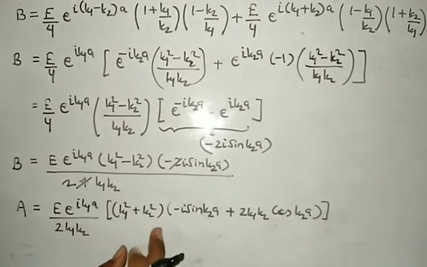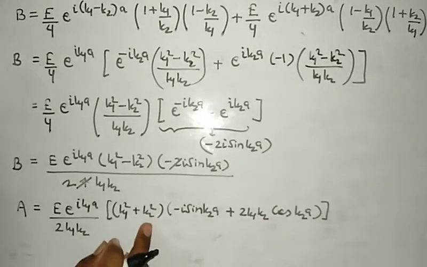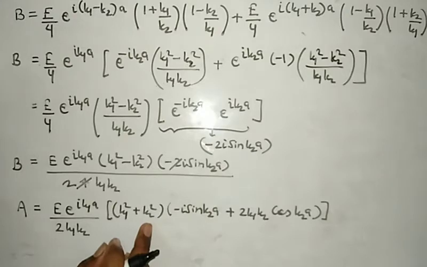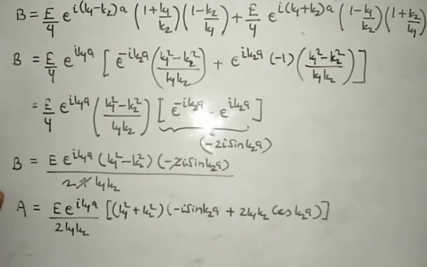We found this equation when we were solving for the transmission coefficient. So now we will divide these so that we can find the relation between B and D. Now obtaining B by A.